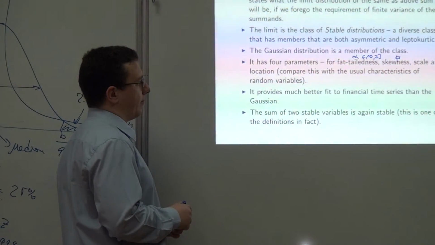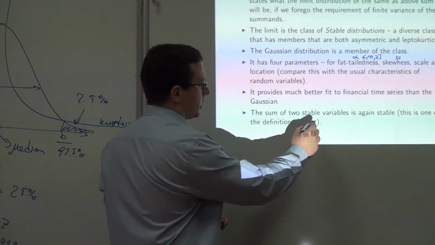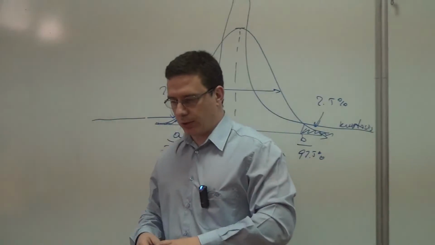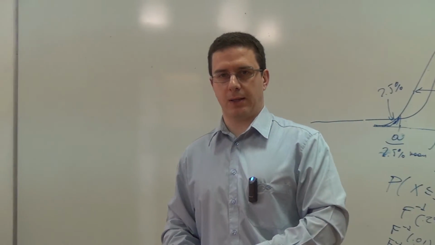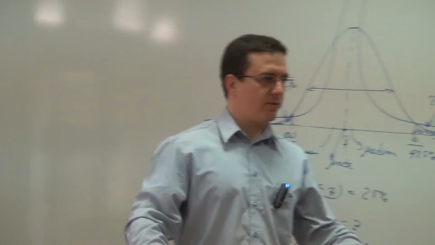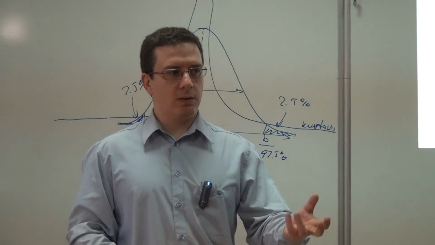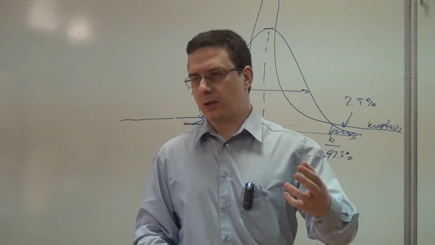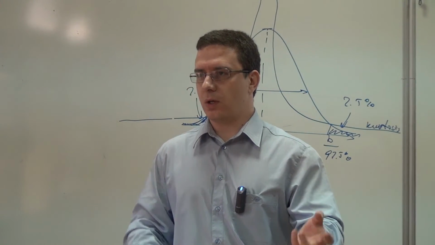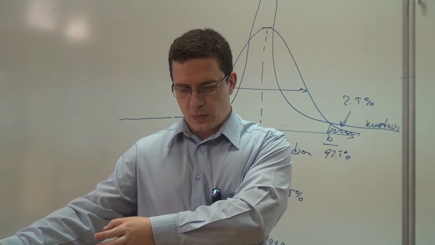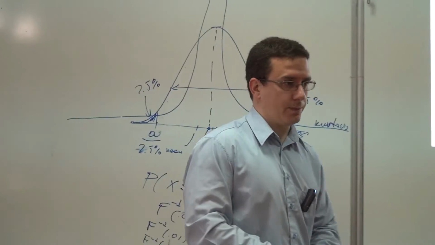One more quite interesting thing is that the sum of 2 stables is again stable. And actually, this is the way people usually define the class. This is a class of random variables. If you took 2 independent and identically distributed copies of it and sum them up, you'll get the same random variable, basically.